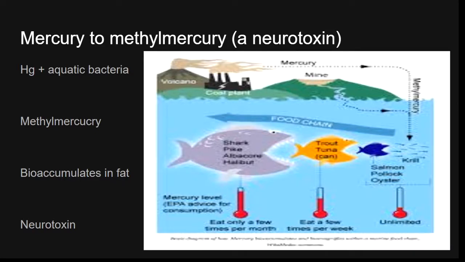Okay, so let's take a couple of those pollutants to talk through. The first we're going to talk about is mercury becoming methylmercury. Mercury on its own is actually not as hazardous as you think it would be, because it does not accumulate in the fats of animals. Methylmercury, on the other hand, can accumulate in the fats of animals and therefore moves up the food chain, that bioaccumulation or biomagnification process.